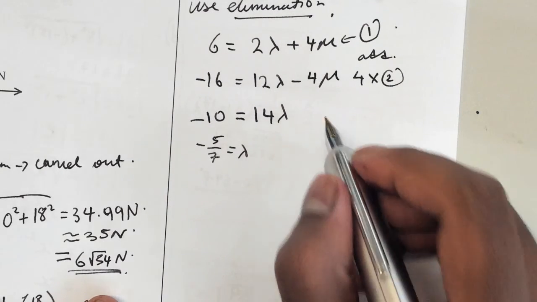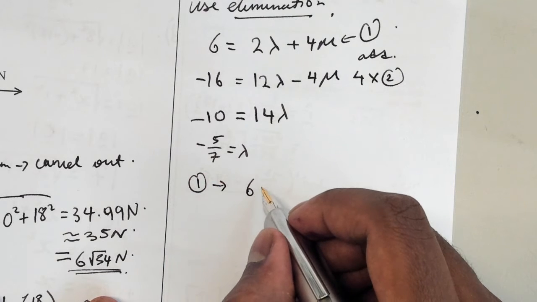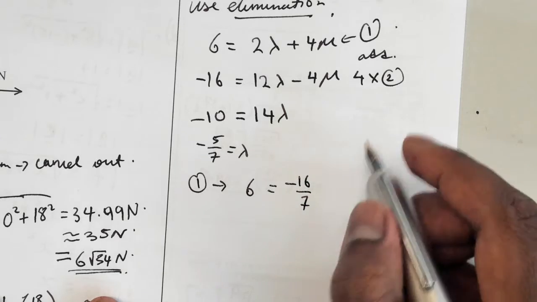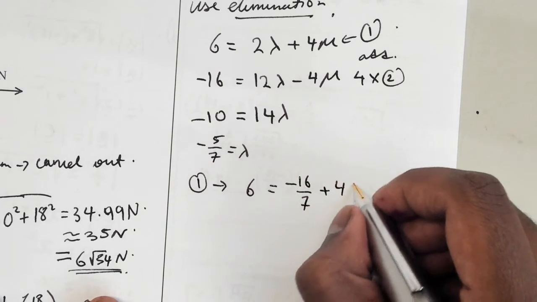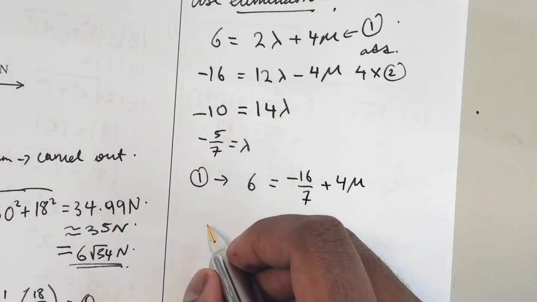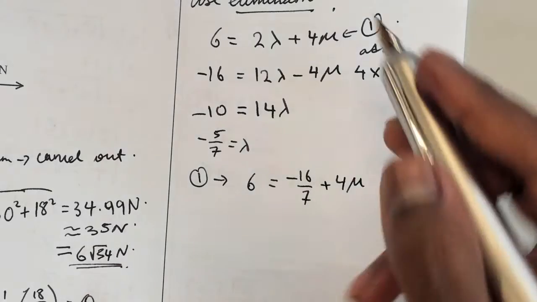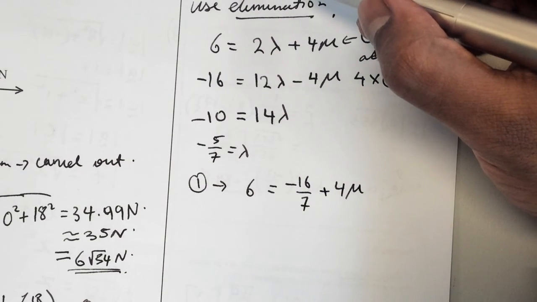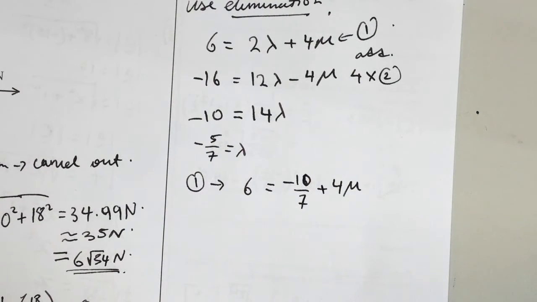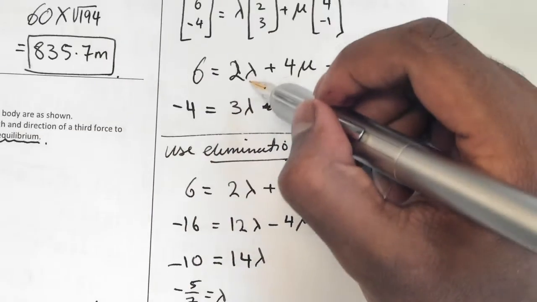So let's use equation 1. We have 6 equals negative 16 over 7 plus 4 mu. Yes, you can do 1 or 2. I'm just doing 1 because that's what I did last night. Sorry, negative 10 over 7 because it's 2 times lambda over here.